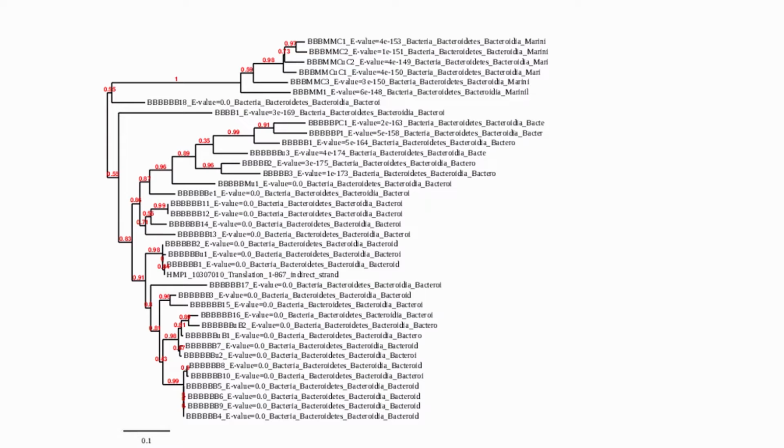So, to make the topology of your tree, you start at the left of the tree. You start at one point, like 0.55, and then you move to the right.